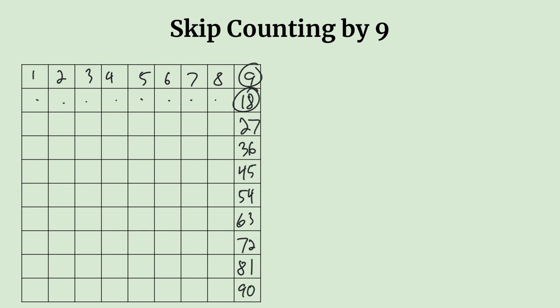Now, one cool pattern here with nines is if you take the digits that make up the nine, like this first one, technically the 0 and the 9, you do 0 plus 9, you get 9.